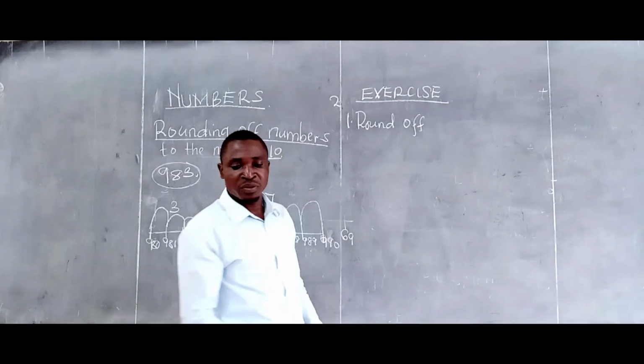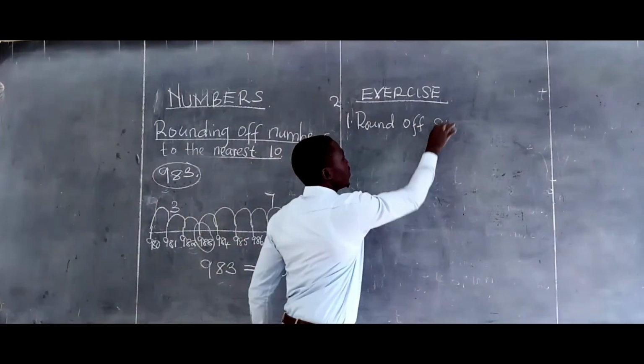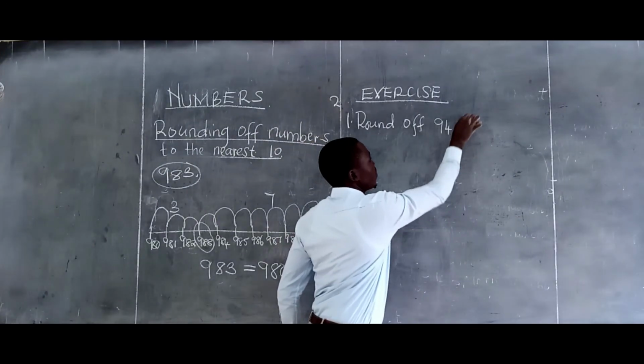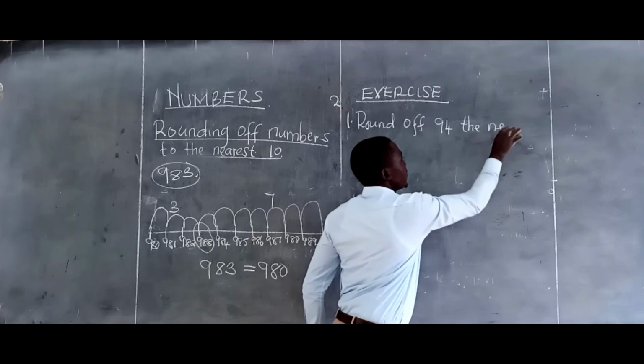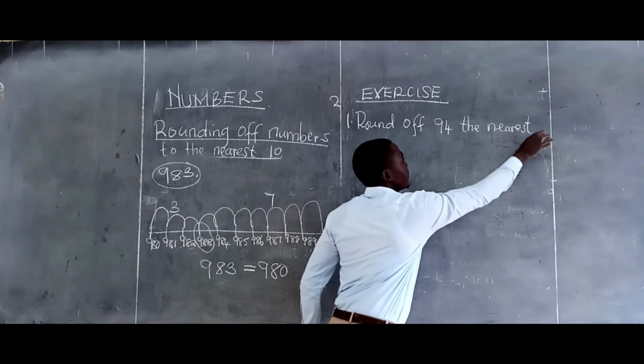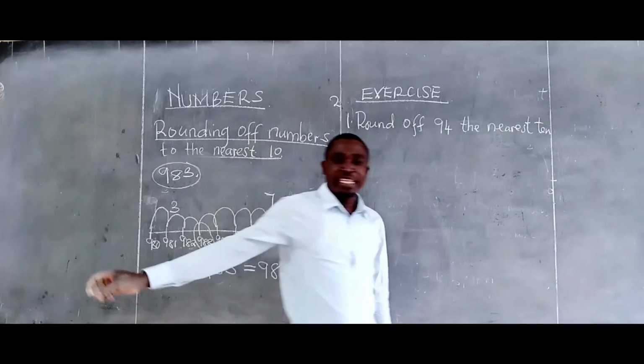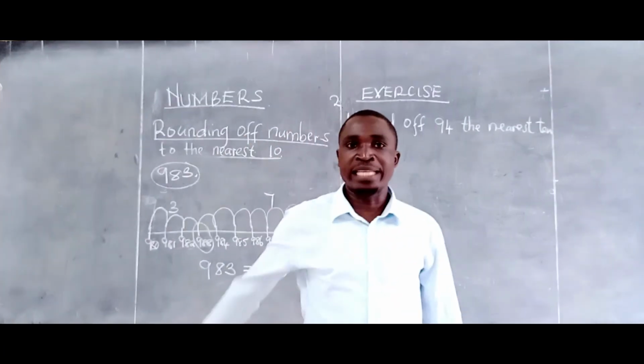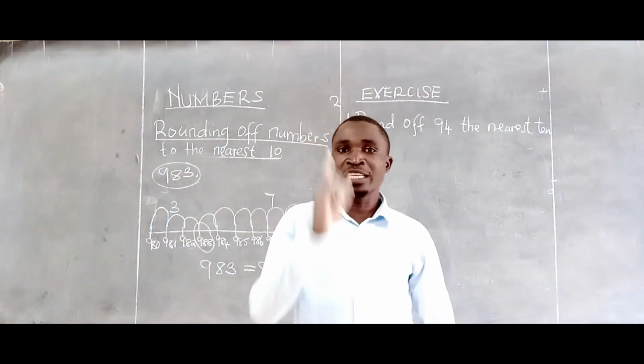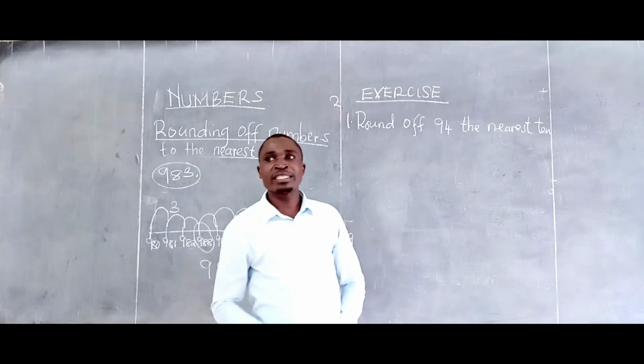Round off 94 to the nearest tens. That is question number 1. I want you to attempt that.